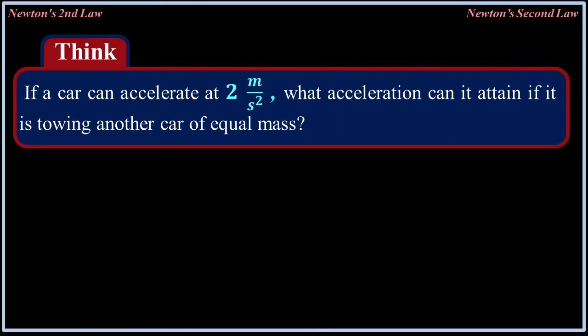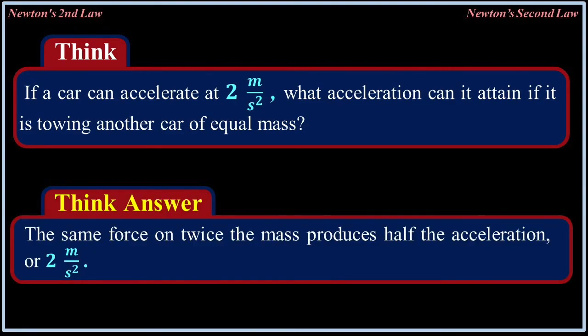If a car can accelerate at 2 meters per second squared, what acceleration can it attain if it is towing another car of equal mass? A point to ponder. Remember, F equals ma. The same force on twice the mass produces half the acceleration, or 1 meter per second squared.